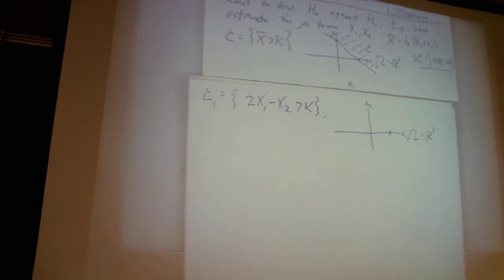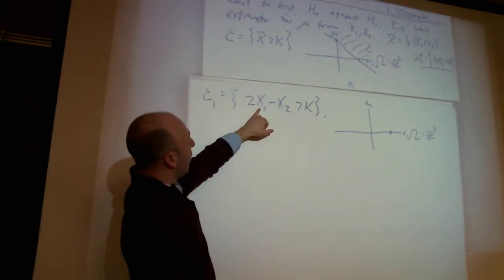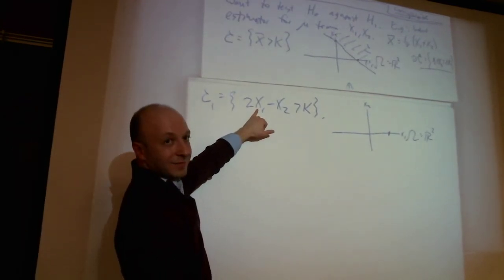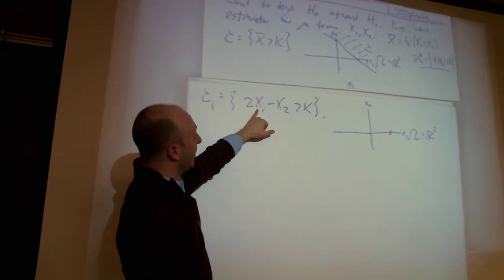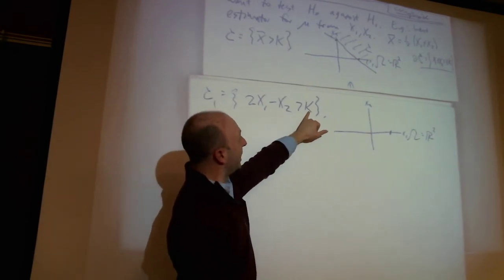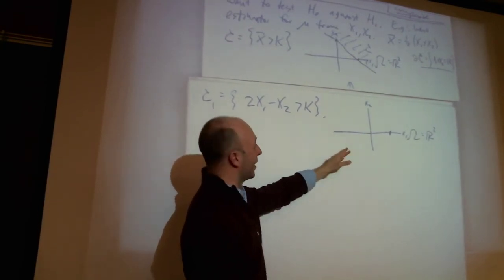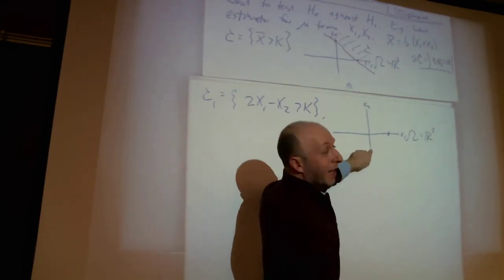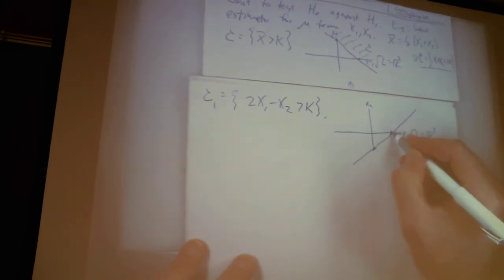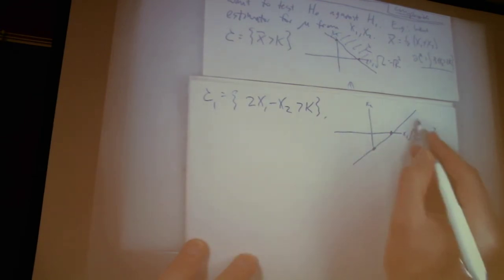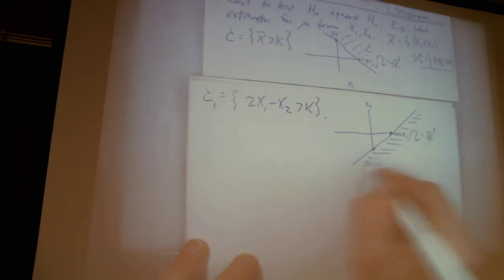It doesn't really matter what the point is, I'm just looking at the shape. How about when x1 is equal to 0? Then x2 is equal to negative k. Okay? So those are 2 points. That's the boundary of C. And I'll let you work out that I need to be bigger than here, so I need to be here. This is the critical region.